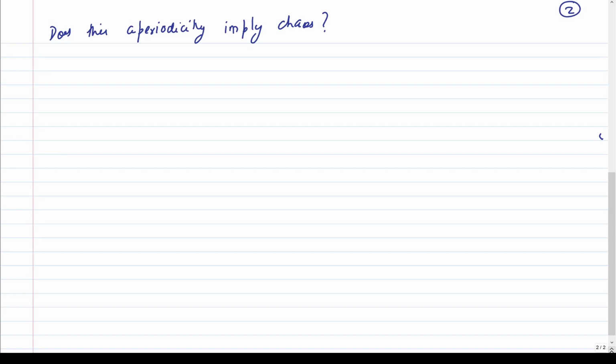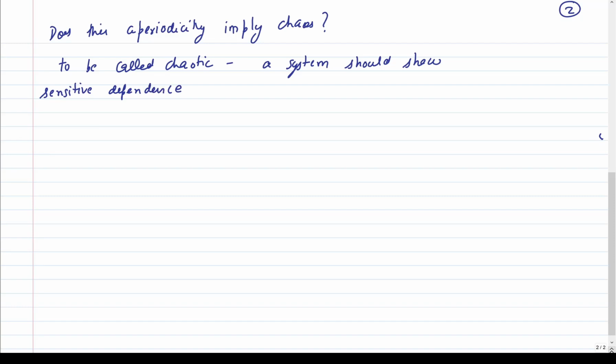So chaos is a very interesting and a very special thing. It's a property of a dynamical system. To be called chaotic, aperiodicity is not enough. A system should show sensitive dependence on initial conditions.